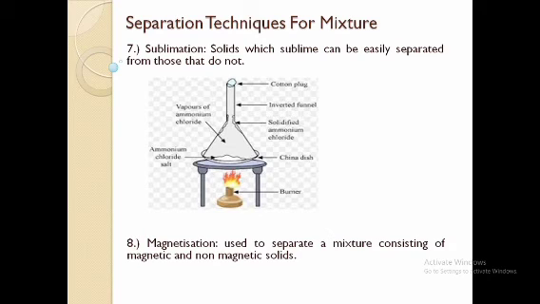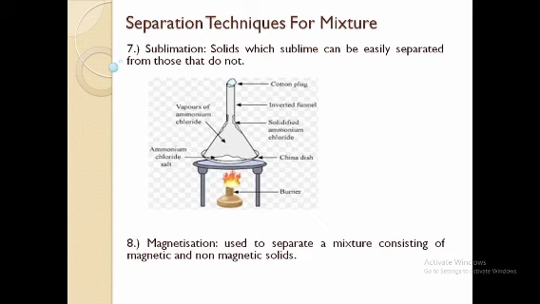Some solids, when heated, change from their solid state to gaseous state without going through what? The liquid state. This type of physical change is known as sublimation. Examples of this include iodine, aluminium chloride, and sulfur.